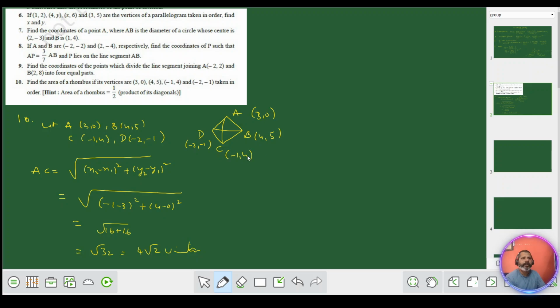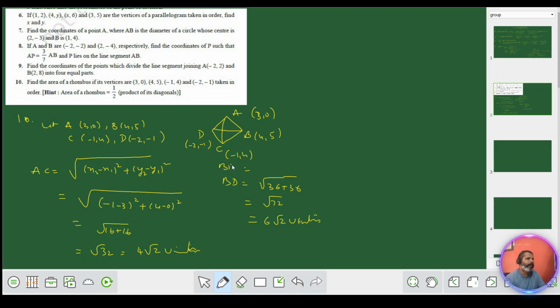Similarly we find BD. I hope you can find it, substituting B as x1 y1, D coordinates x2 y2. Okay, so BD equal to, once you solve it, you get 36 plus 36, that is 72, that is 6 root 2 units.